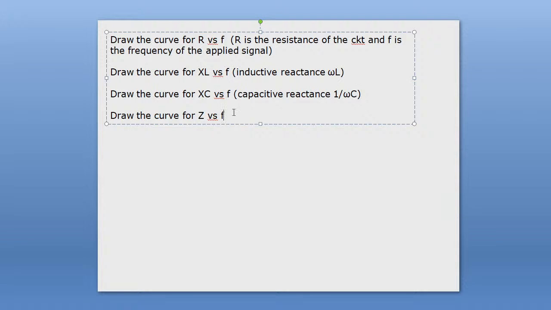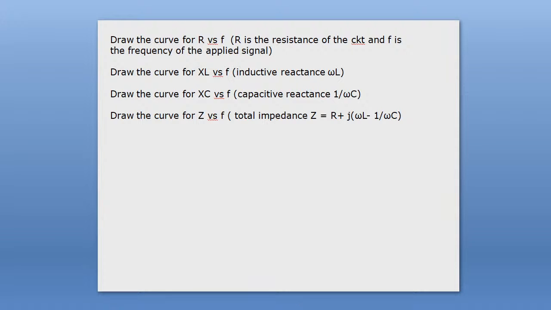And for total impedance of the circuit, Z equals R plus j omega L minus 1 by omega C. You know it. Now draw the curve for these four cases, and tell me what will be the shape of the graph. Anyone?